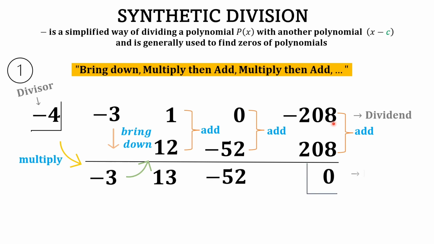0 is the remainder, and the coefficients of the quotient are negative 3, 13, negative 52. So we are now ready to translate the coefficients into polynomials.